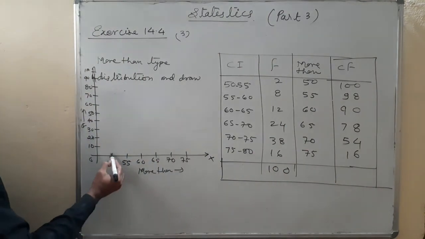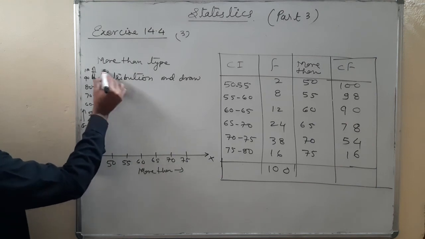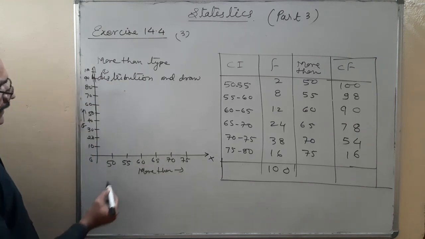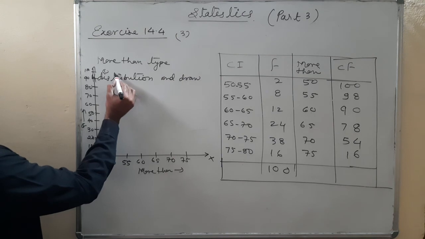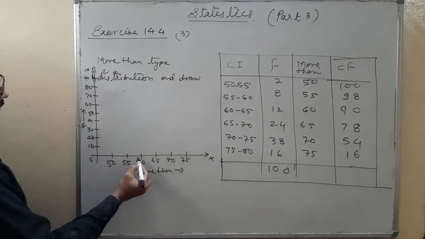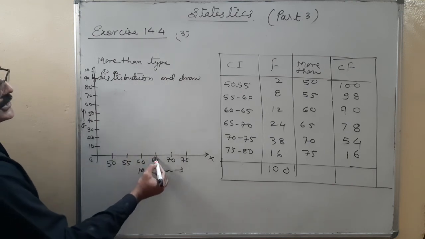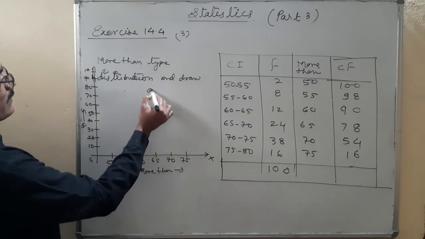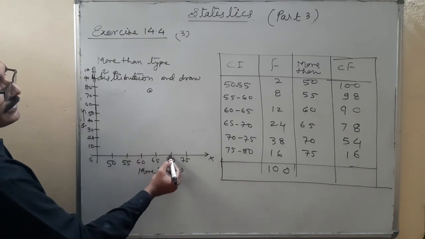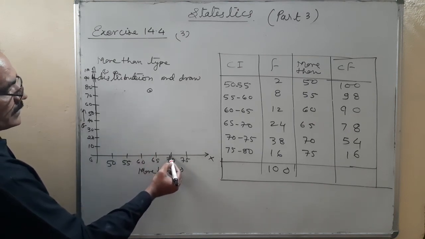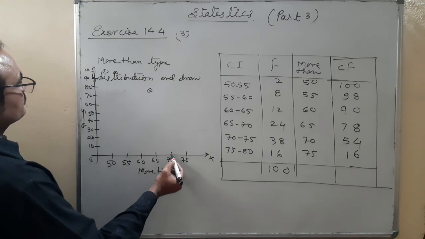Okay, at 50 it is 100 maximum. After that 55, 98, it is here. At 60, 90. At 65, 78. At 70, 54.